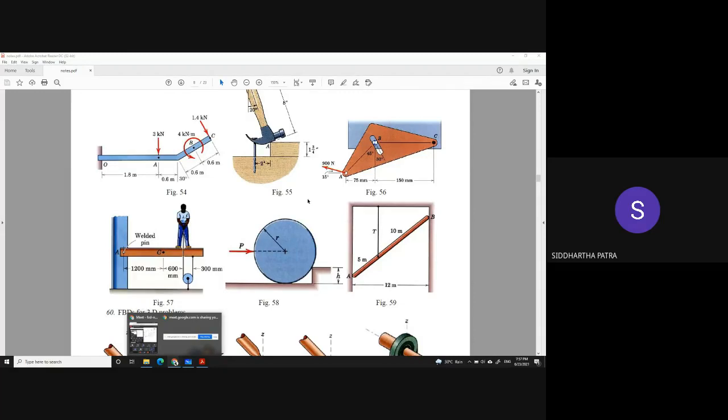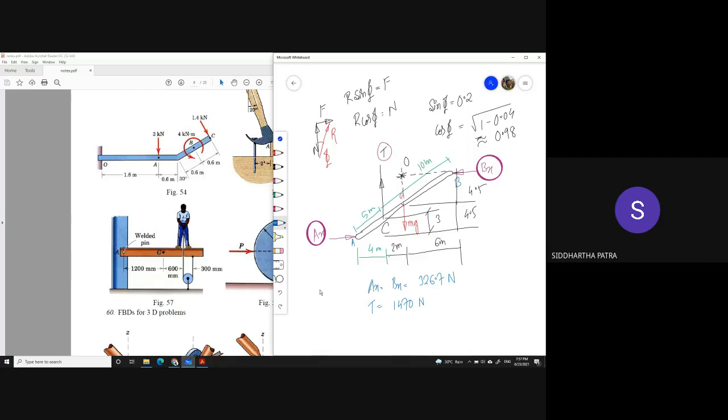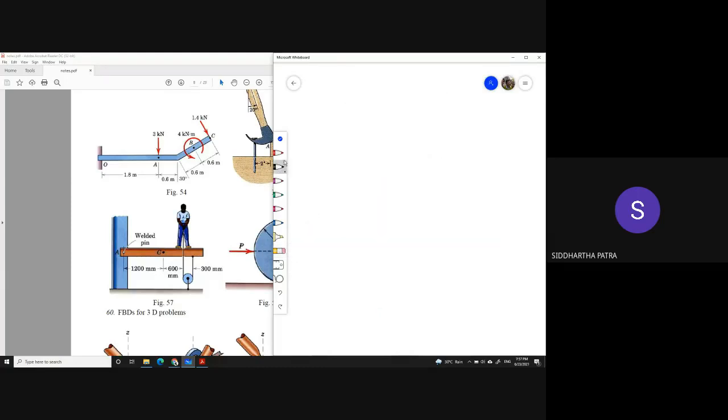Since I mentioned 3/4 members, let's clear up the 2/4 and 3/4 members.